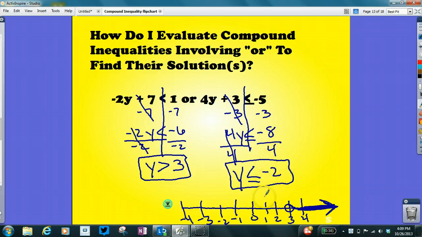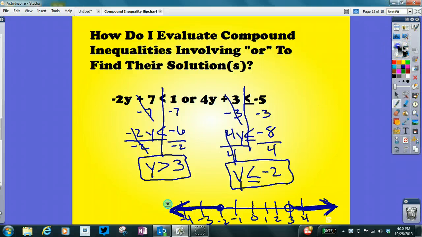Go to the other one. y is less than or equal to negative 2. Well, I'm going to go to that negative 2. Closed circle, because it says equal. And it has to be less than that. So anything past this is going to be a solution. And that is your basics as far as compound inequalities using and or.